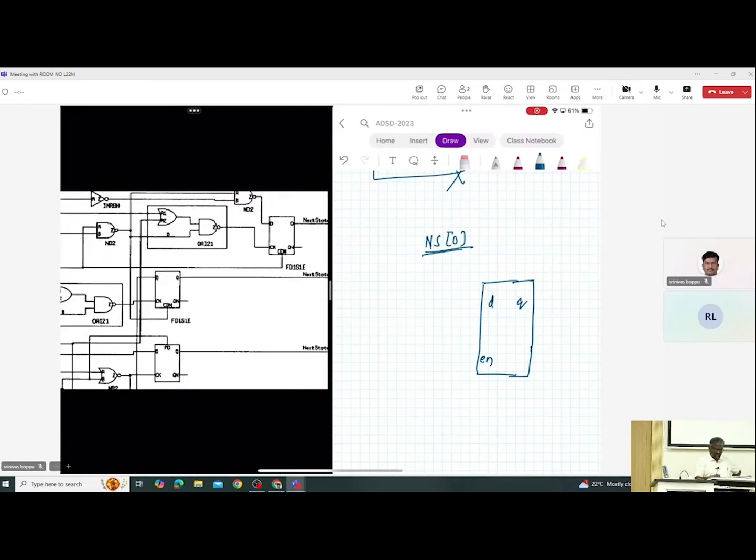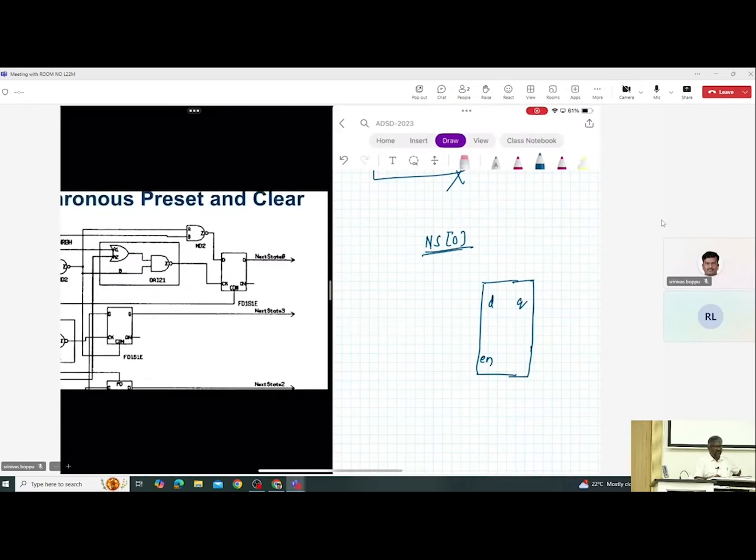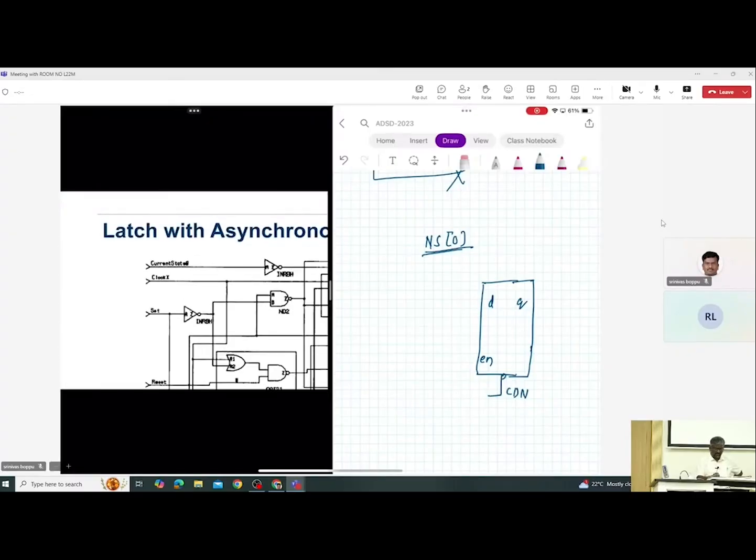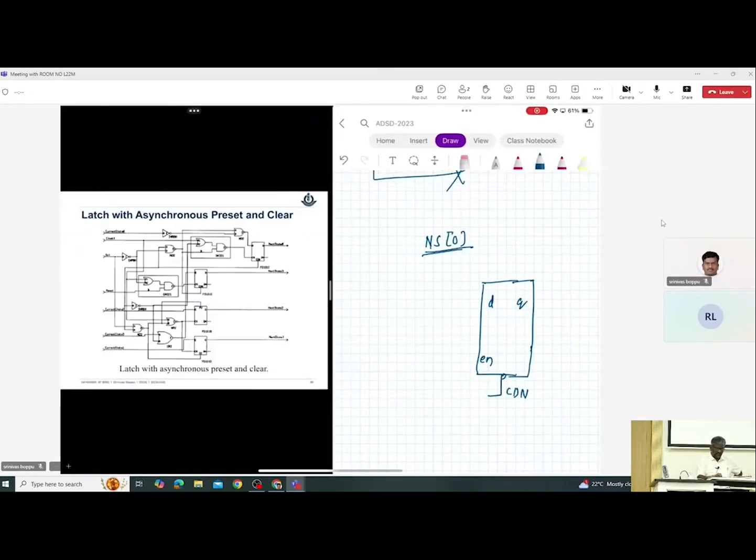So we have a CDN. CD stands for the clear pin, and N stands for active low. What he is trying to say is that we have this CDN pin which is active low, that is what is synthesized.